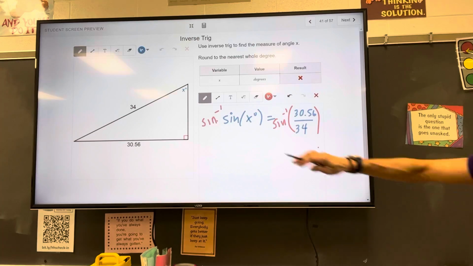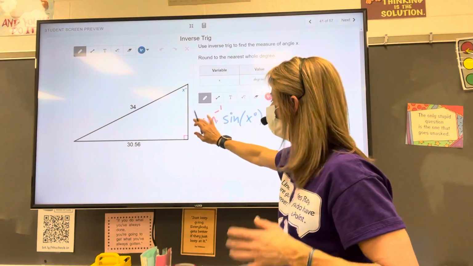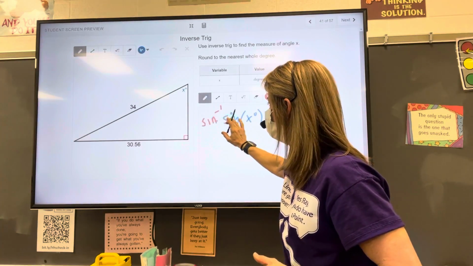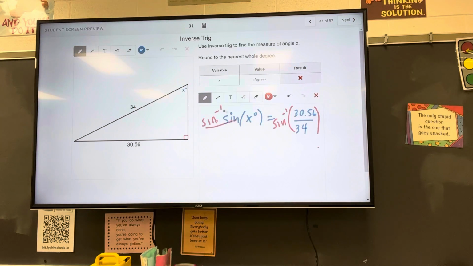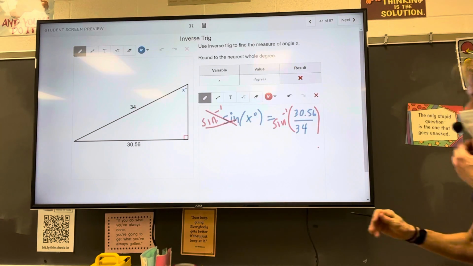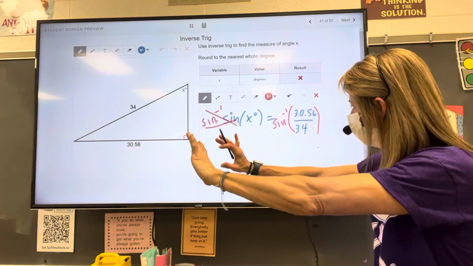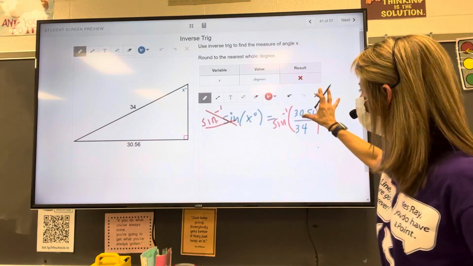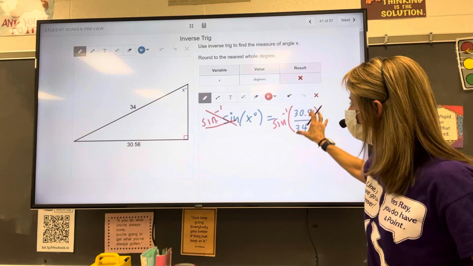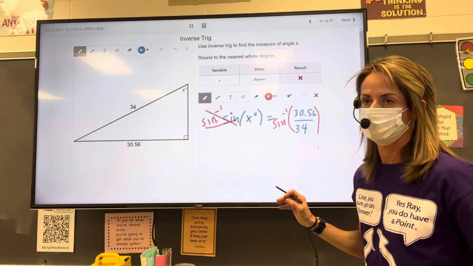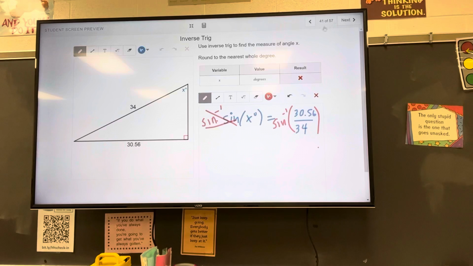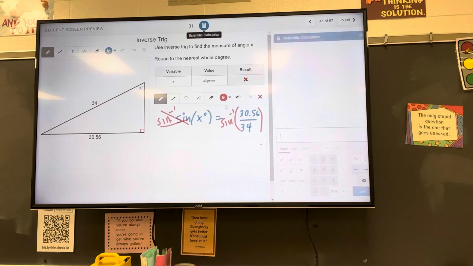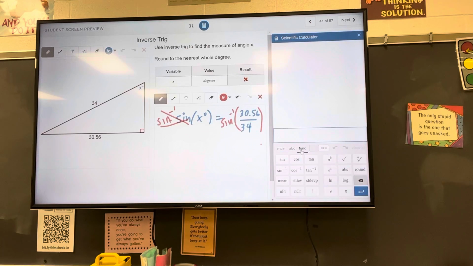What happens is this inverse sine undoes this sine. So those just cancel. And what's left is the x all by itself. It's isolated. That's what we want. Because now we just plug this into the calculator and it gives us the measure of the angle. So to do that, calculator, functions, and you want to push the button with the sine to the -1.